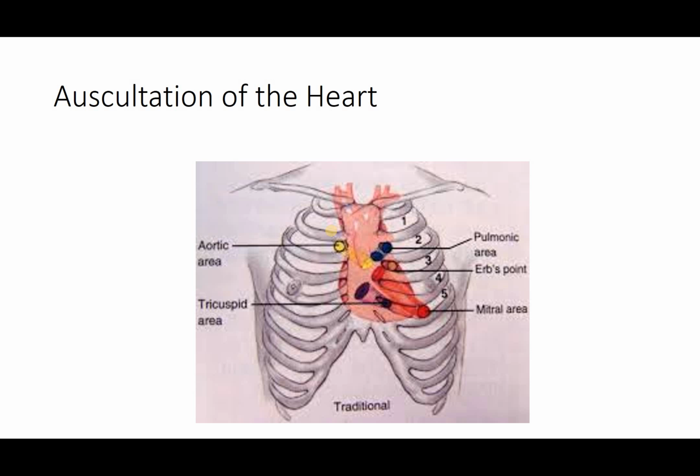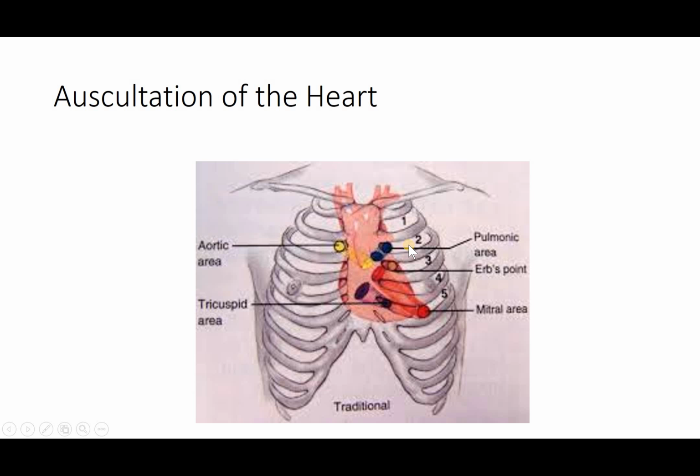But for right now, what I do want you to know is the heart does lie posterior to the sternum and the rib cage. And when you listen to the heart, you want to make sure that you are in the intercostal space. So here on the right side, this is second intercostal space, and you're listening to the aortic valve.